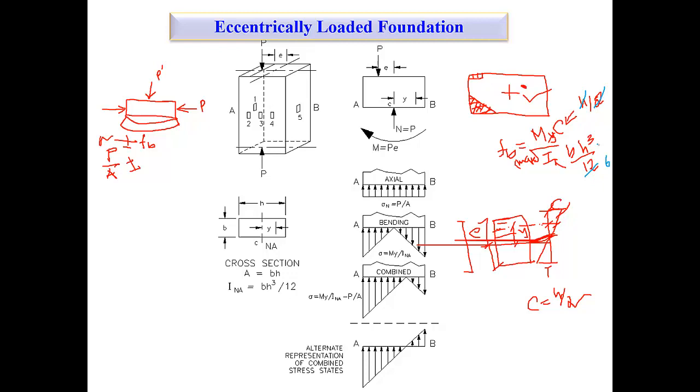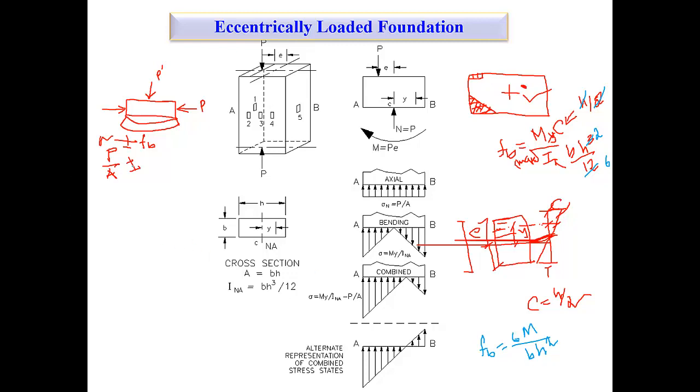And if we cut this H, it would be 2. So finally this 6 will go up. Finally, f equals 6M over BH squared, right? Is it okay?